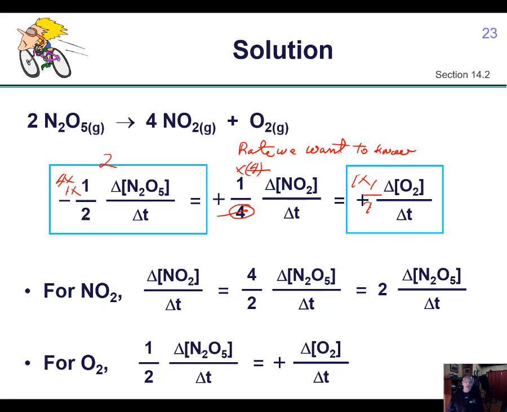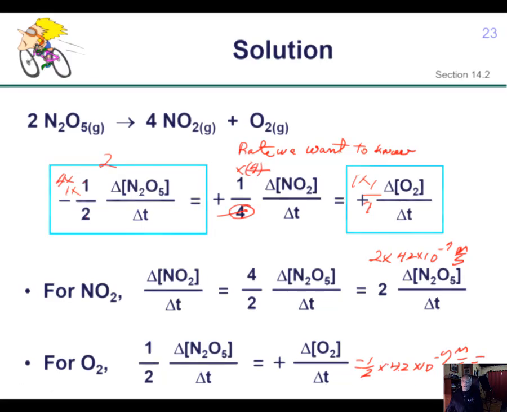And so the rate of appearance of oxygen will simply be 1/2 times the rate of disappearance of dinitrogen pentoxide. So that'll just equal 1/2 times 4.2 times 10 to the minus 7. And it's molar per second. Don't forget your units, guys, like I did. Okay? All right. That's how you work those problems.